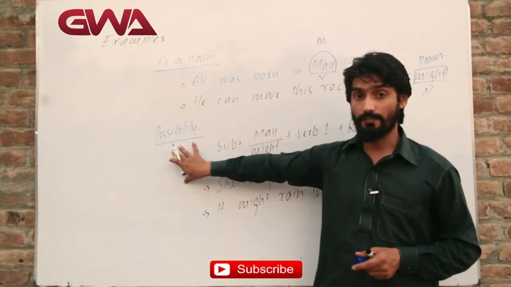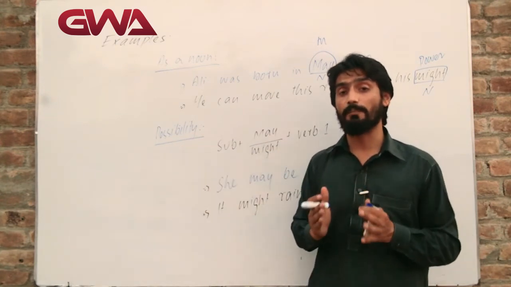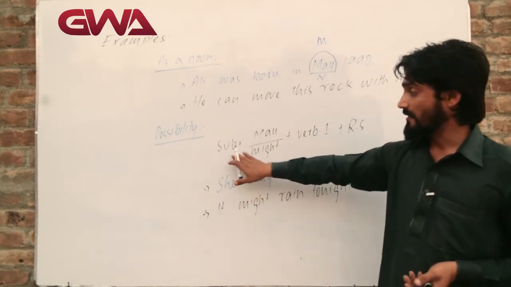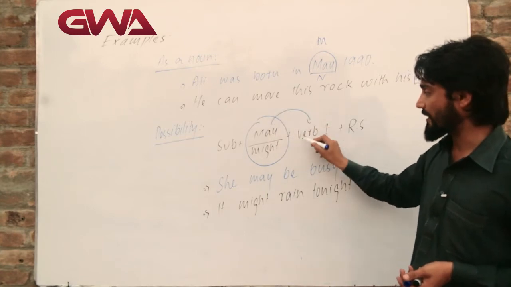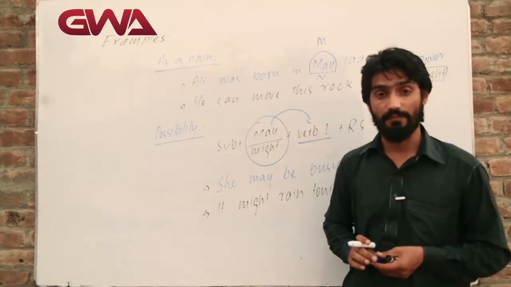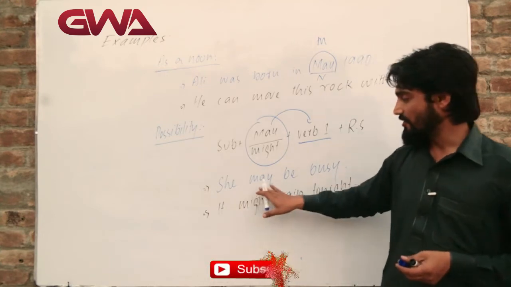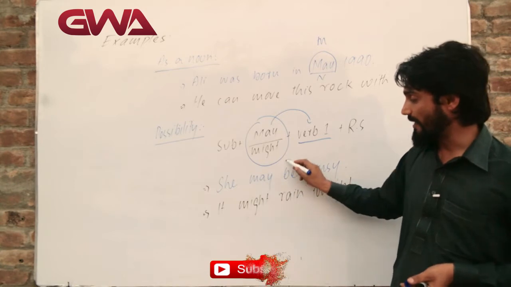Let's talk about possibility. Possibility means that when we are not completely sure about something or someone. Here, we will use may, might followed by first form of the verb, means base form of the verb. Examples. She may be busy.